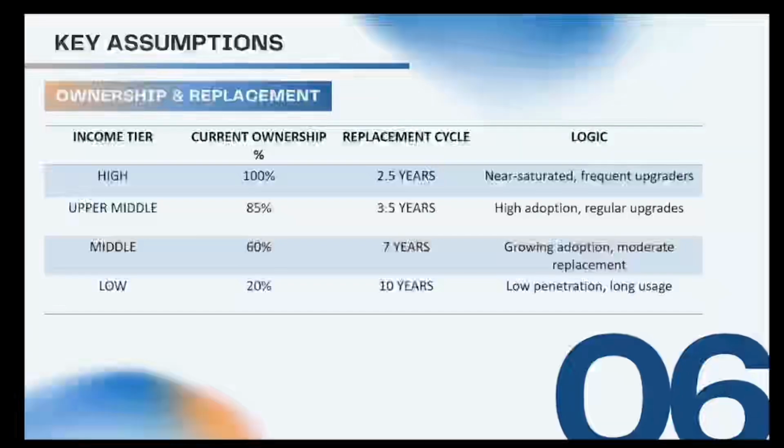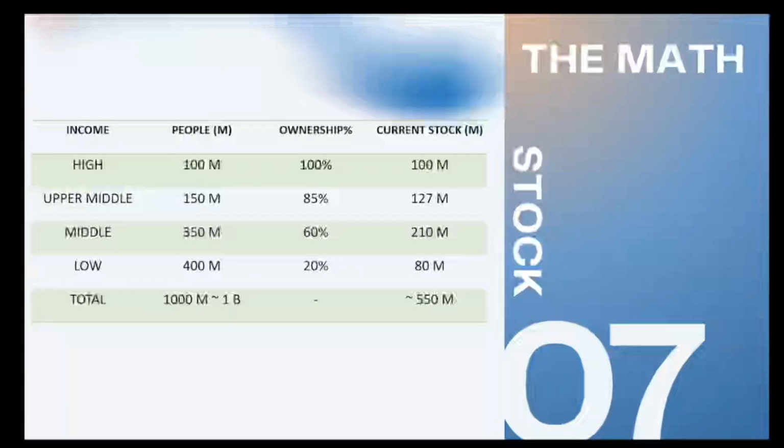Now, let's calculate the replacement demand. So, how many smartphones are currently in use? We are calculating the stock first. For high income, 100 million people times 100% ownership gives us 100 million smartphones. Upper middle class, which has 150 million people with 85% ownership, gives us 127 million units.